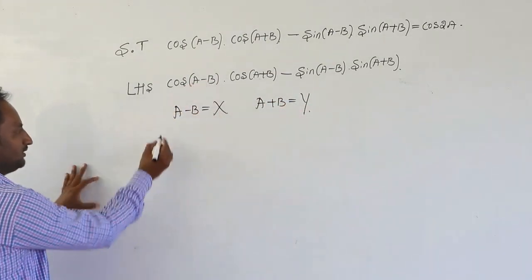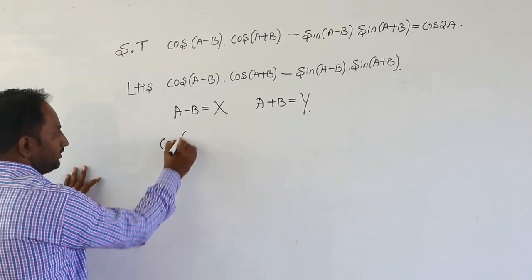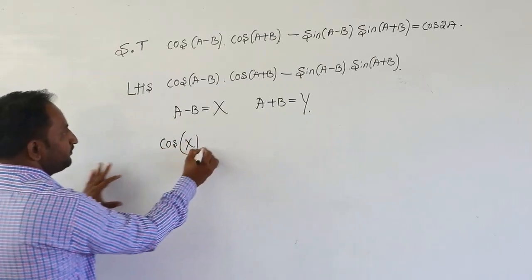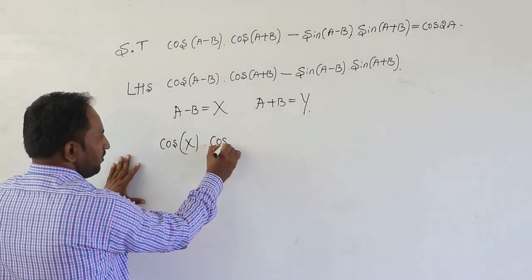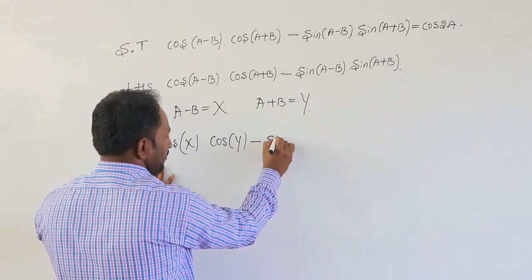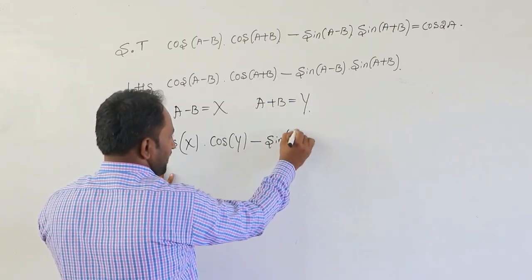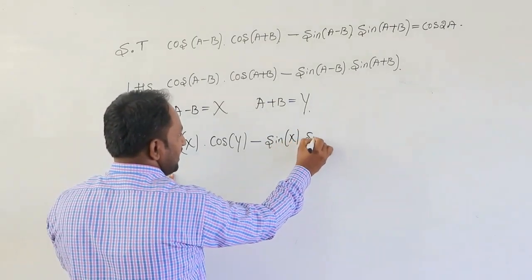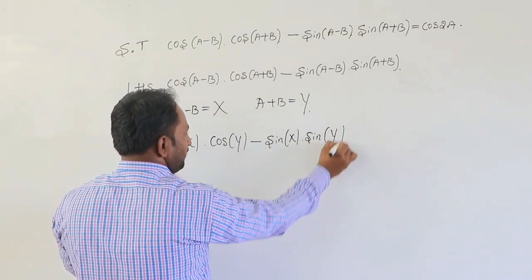Then here cos of x value into cos of y value minus sin of x value into sin of y value.